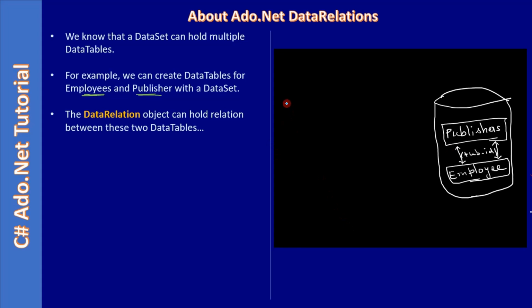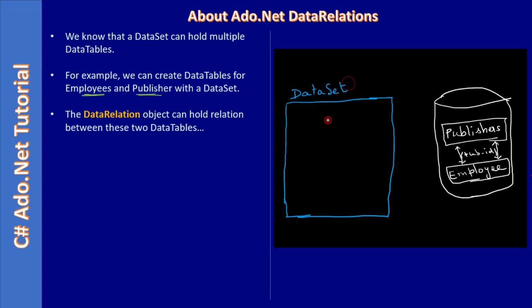So in the front end ADO.NET, you can see a dataset object, right? And this dataset contains two tables, data table 1 and data table 2.